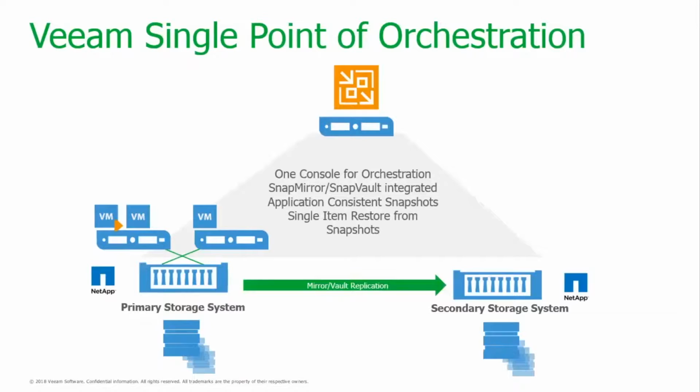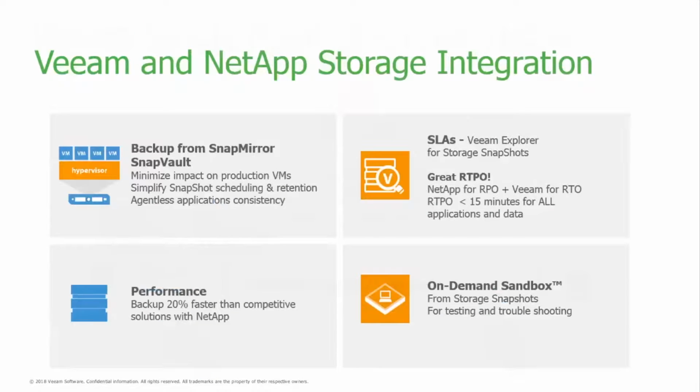Yeah. And obviously with all of that, it brings us to the highlights and the integration points. The most common integration point that we've got is the fact that we actually integrate with Data ONTAP.